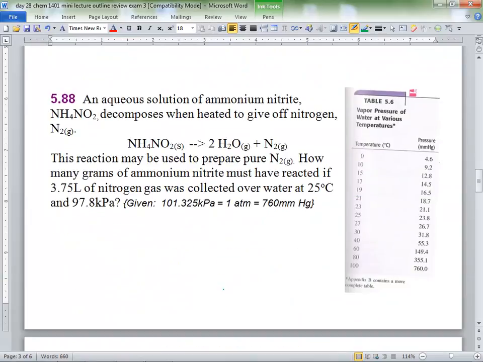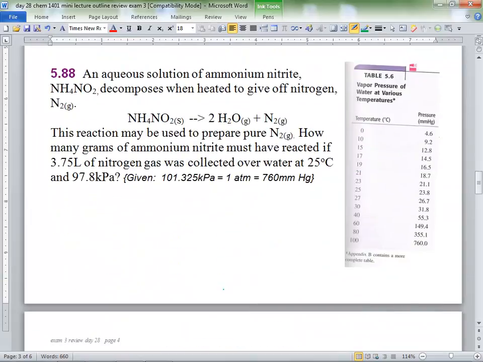So let's try this one. Okay, get a chance to read it.